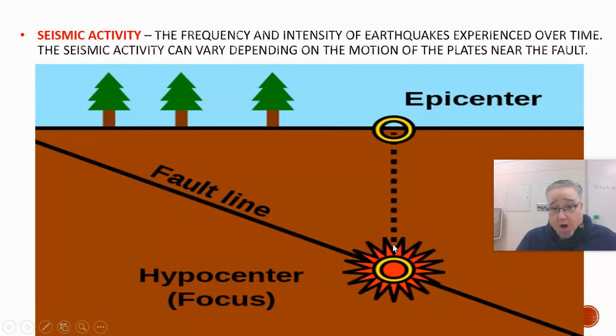Now, the area under the ground where this occurs is called the hypocenter. This is kind of like the exact region, under the crust of the Earth, where there's like a slippage or where there's this seismic activity that occurs. We sometimes call it the focus. But what we're mostly concerned about is not what happens under the ground.